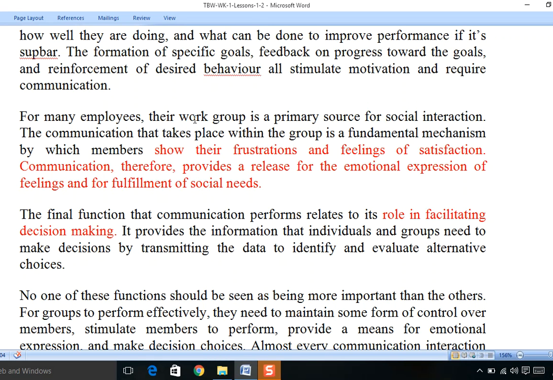And the final thing is that communication facilitates decision making. The one who is a better communicator is able to make better decisions. In the simplest form, you can see that a judge sitting in an office at a different place is deciding something which has not happened before his eyes. For example, some murder is committed at a distant place in Rawalpindi, and the case is brought to a judge sitting in the office.